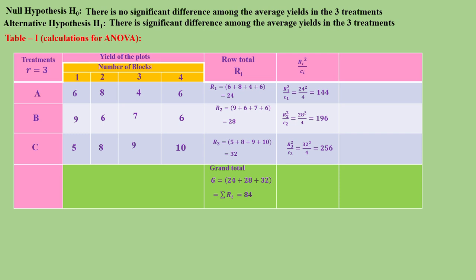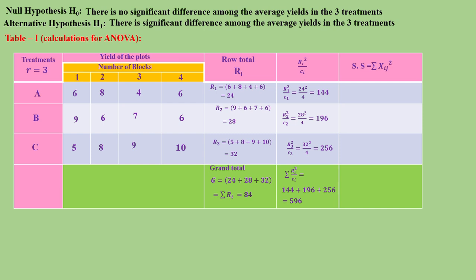Next R3 square by C3, that is 32 square by 4, that is equal to 256. So sum of all the numbers in this column, you will get summation Ri square by Ci, that is equal to 596.